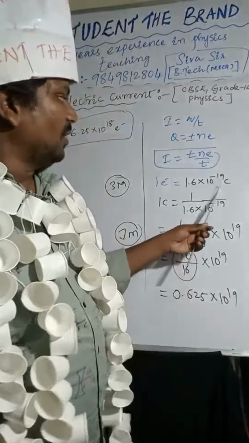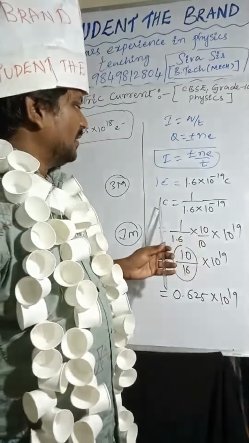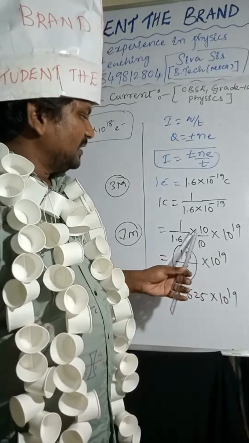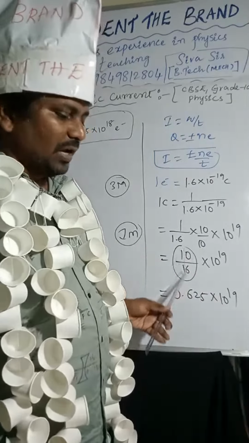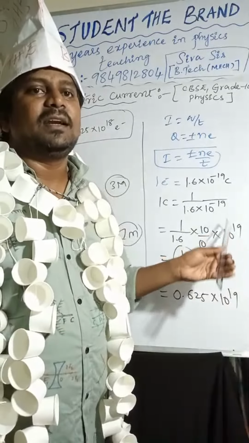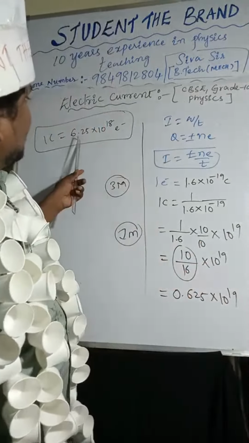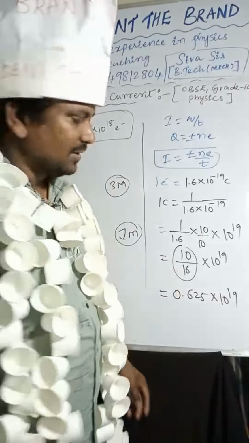If you take 1 coulomb, how many electrons are present? 1 coulomb equals 1 by 1.6 into 10 power minus 19, which is 1 by 1.6 into 10 power 19. Solving this, you'll get 6.25 into 10 power 18 electrons, right?